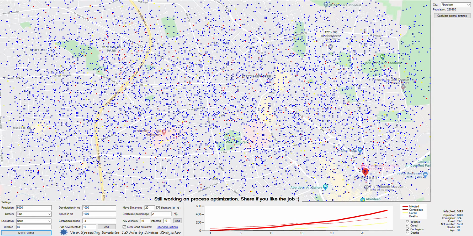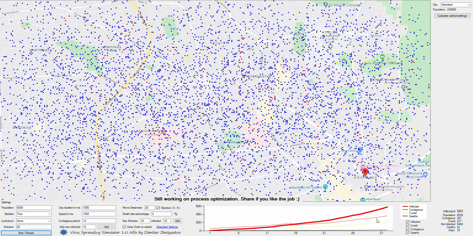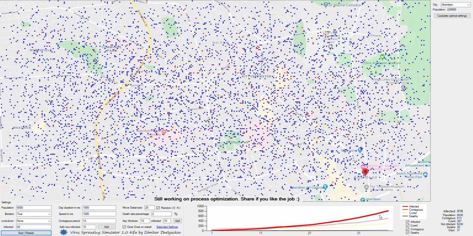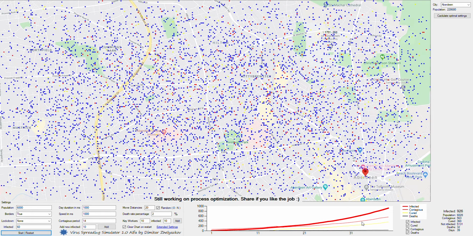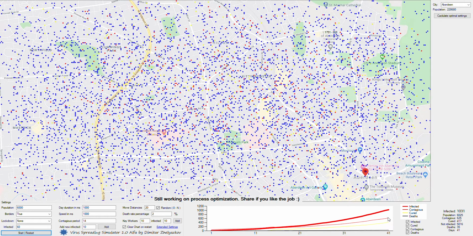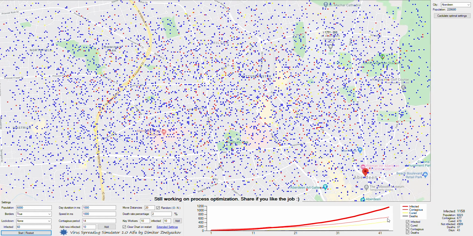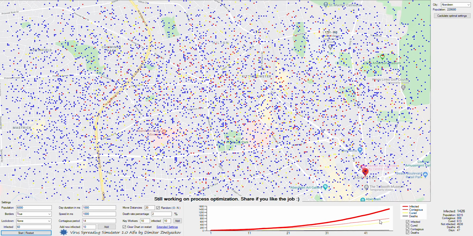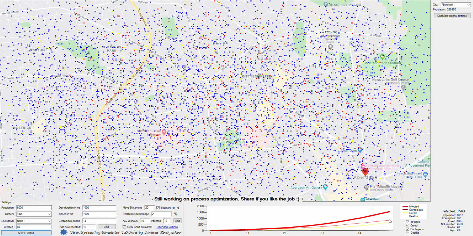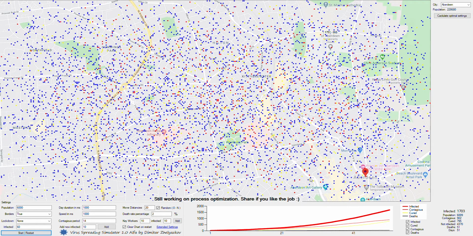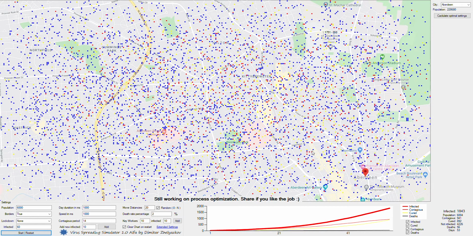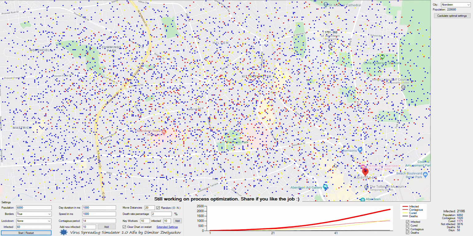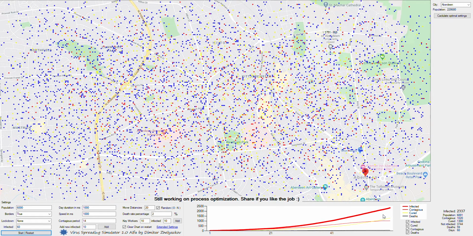Let's see what happens down in the graph. The big red line is the total infected people, and the small red line is the contagious people existing on every single day. Let's see when the peak is going to be, if all the people are free to move on this map but not escape from it.